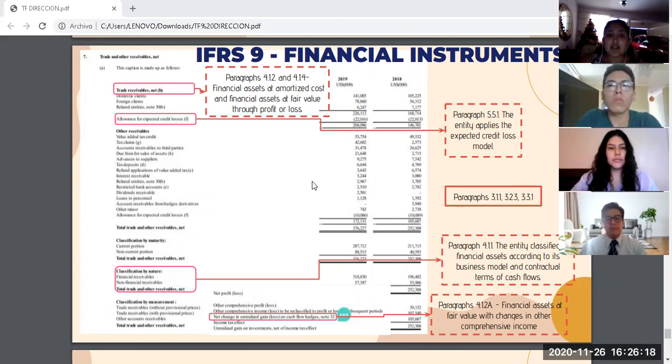Second, financial assets at fair value with changes in other comprehensive income generally apply to the caption derivative financial instruments of hedging. Finally, in note 7, it can be seen that the entity applies the expected credit loss model, for which the group recognizes a provision for all debt instruments that are not held at fair value through profit or loss.